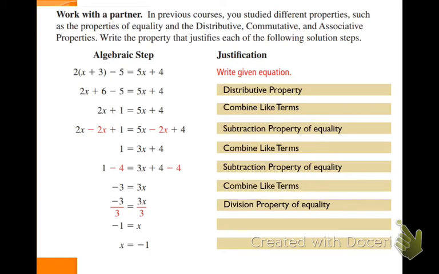All right, and then second to last one, we got x. Negative 1 equals x. So this is the substitution property of equality. This is where you would be allowed to leave it if you wanted to. So you would circle this answer, box it in, whatever. Or you could flip it around. What property would you use to flip it?